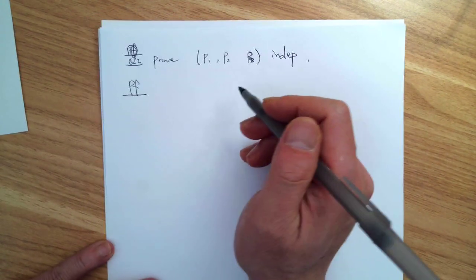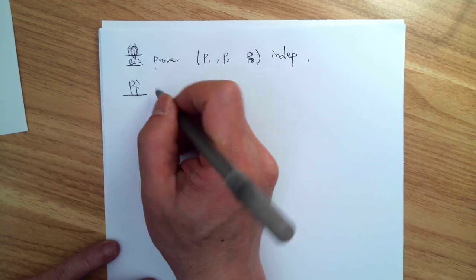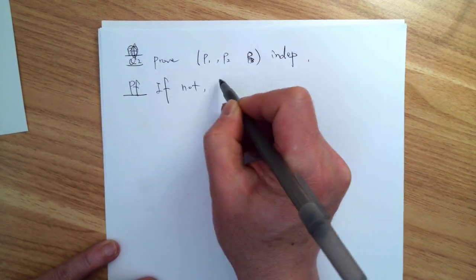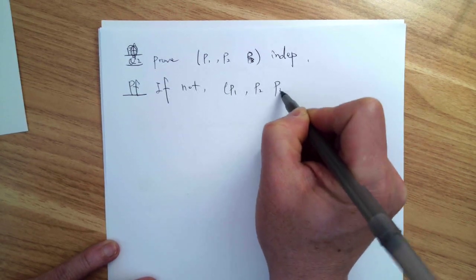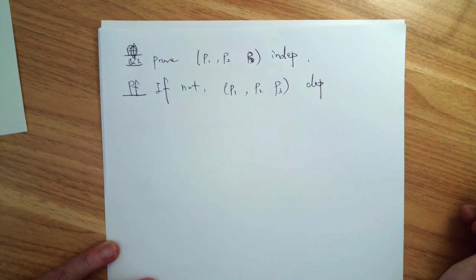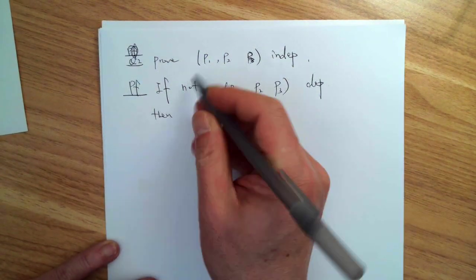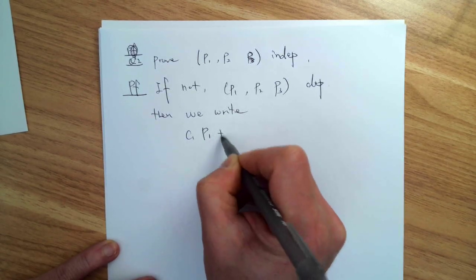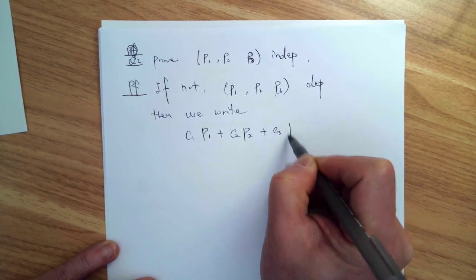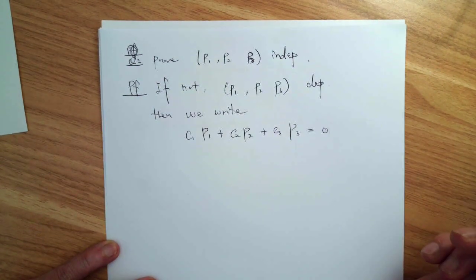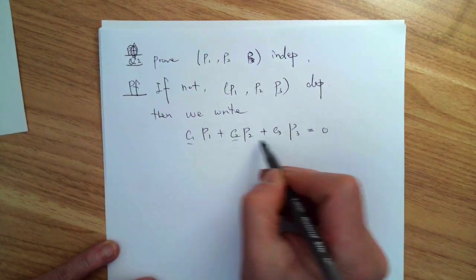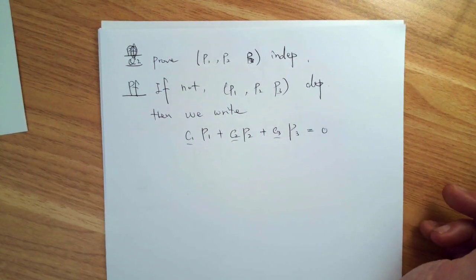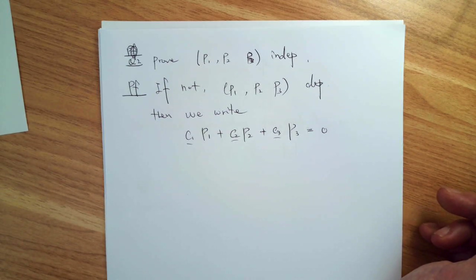We're going to use the earlier result, but first, if not, in other words, P1, P2, P3 are dependent, then we write C1 P1 plus C2 P2 plus C3 P3 equals 0, for non-zero C1, C2, C3, right? This is dependency. Now we take this and try to cook up a contradiction.